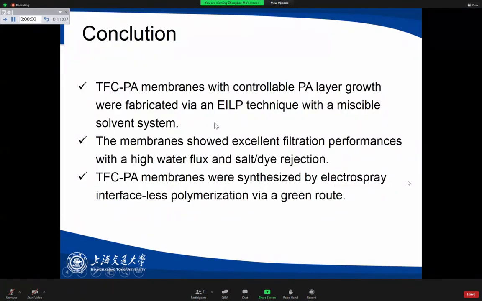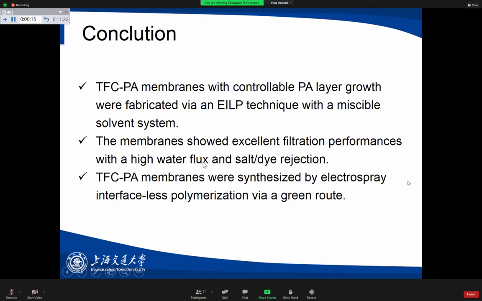So in conclusion, the TFC membrane was fabricated by the ELP with a miscible solution. And this membrane showed good separation performance.